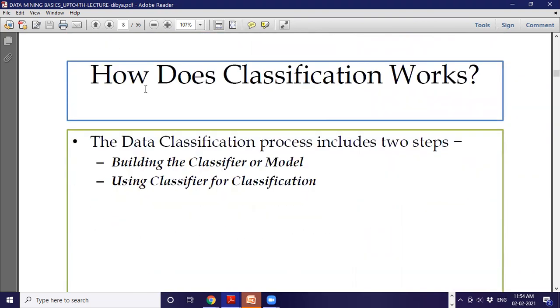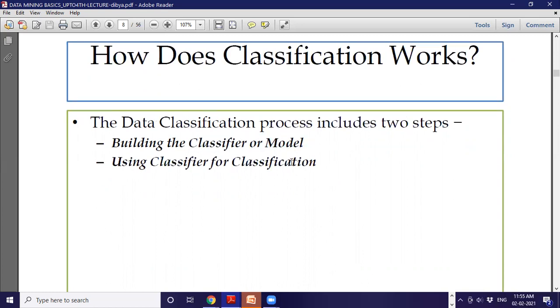Now, the next step is how does this classification work? Actually, there are two processes, or you can say two steps. First, we try to build the classifier, or you can say the model. Then only will we apply the built model or classifier for the classification task.